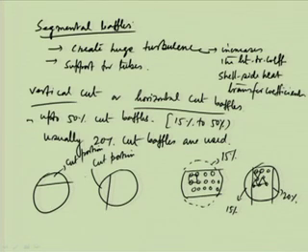Okay. And then what is important here is that in all such baffles, suppose this is a baffle and say this is a 20% cut baffle. We have these tubes over here like this.